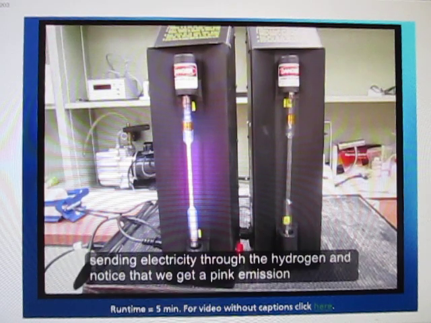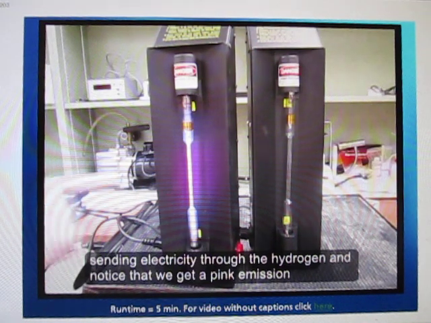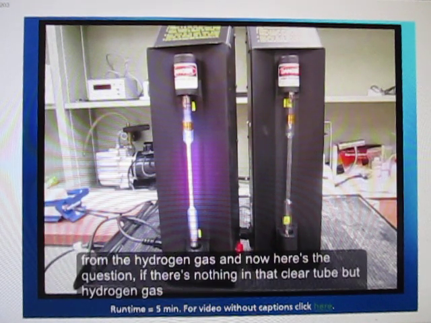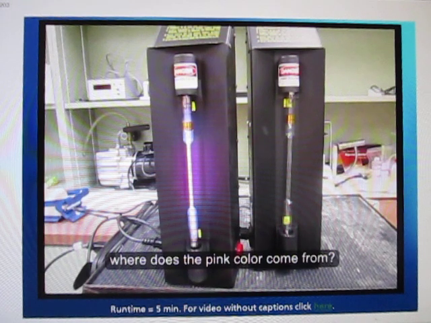In this case, we're sending electricity through the hydrogen, and notice that we get a pink emission from the hydrogen gas. And now here's the question. If there's nothing in that clear tube but hydrogen gas, where does the pink color come from?